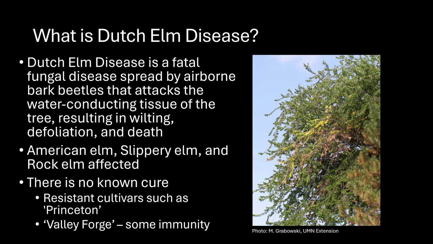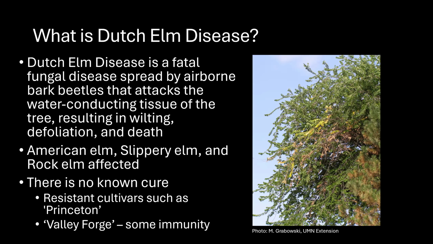The American elm, slippery elm, and rock elm can all be affected. I know we have quite a bit of slippery elm in our woodlands around here, so unfortunately, it could be impacted by Dutch elm disease. Currently, we don't have a cure.